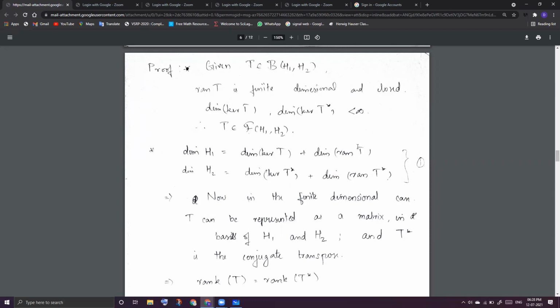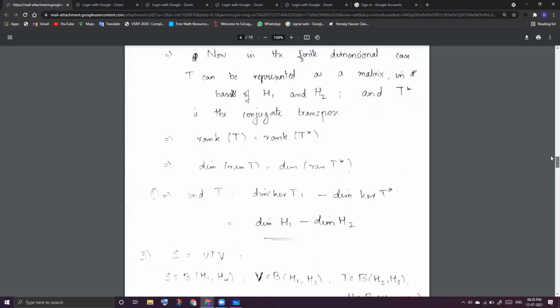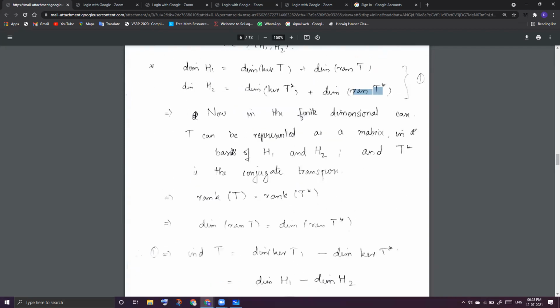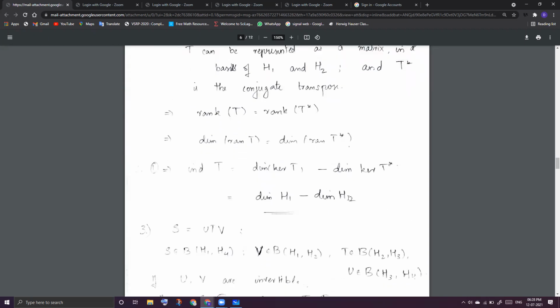The rank of T is the dimension of the range of T, and the rank of T star is the dimension of the range of T star. So the dimension of the range of T and the dimension of the range of T star are the same. So the dimension of the kernel of T minus the dimension of the kernel of T star is just the dimension of H1 minus the dimension of H2. These two terms get cancelled because they are equal. Yeah, so this is true.